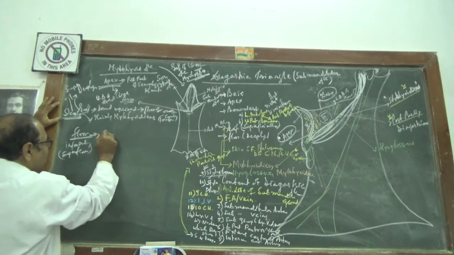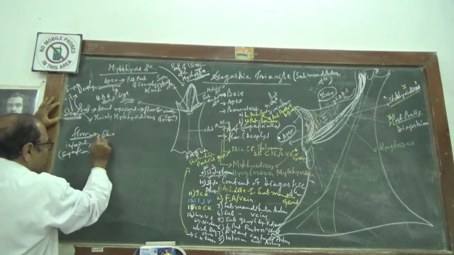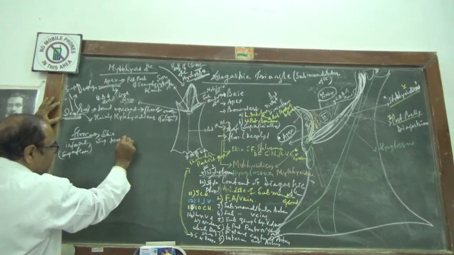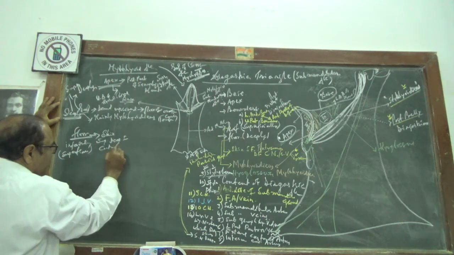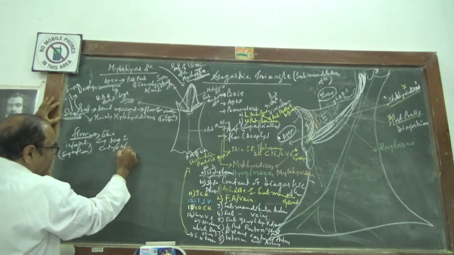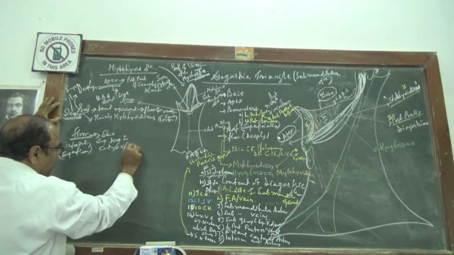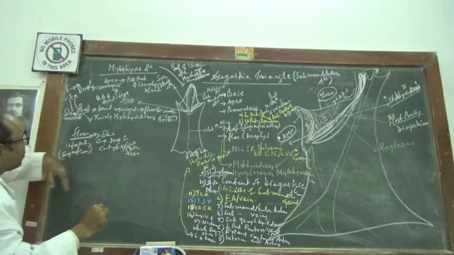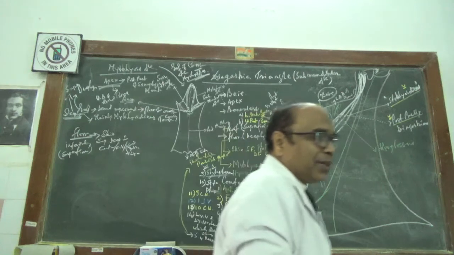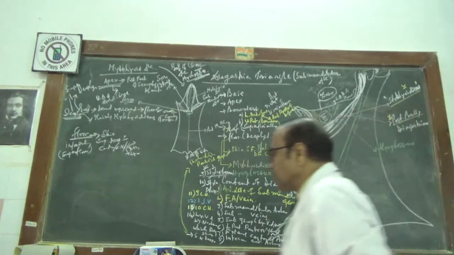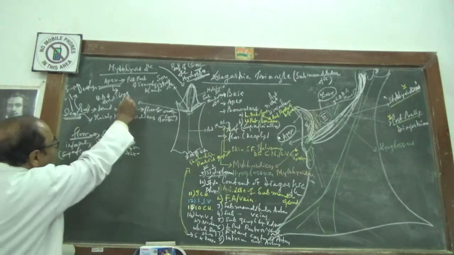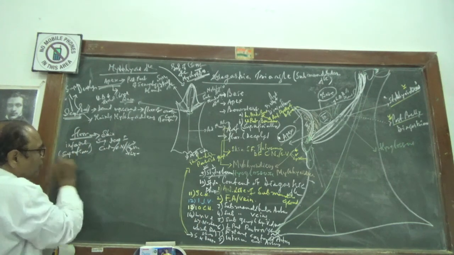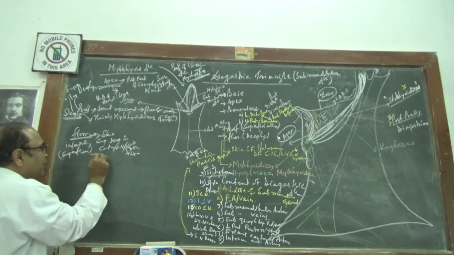There you will have skin, superficial fascia, cutaneous nerves, cutaneous vessels, and the arteries, veins, and lymph vessels of the submental region.